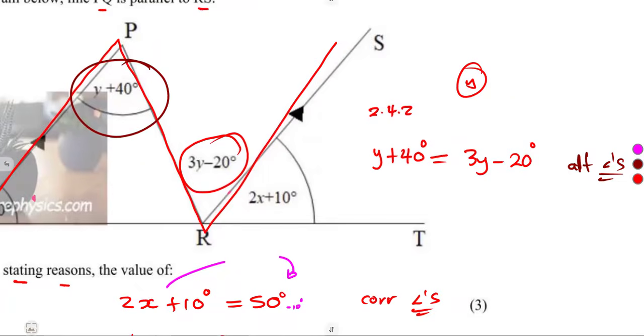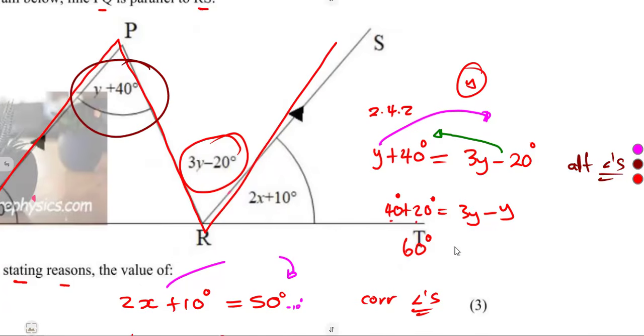So solve for y there. It is in your hands, guys. You can collect the like terms. Minus 20 to the other side of the equation is going to be a positive. So we have got positive 40 there. So that's 40 plus 20, which is equal to, we take y to the other side, so that is going to be a negative. So it's 3y minus y. Okay, let's add 40 plus 20.